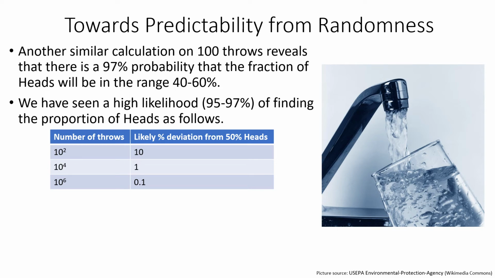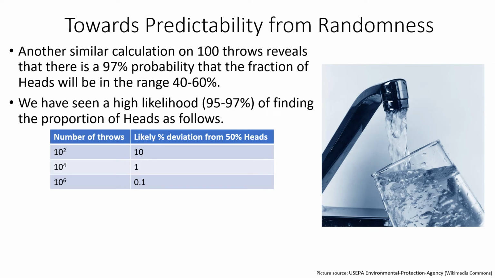And likewise the bottom row tells us that for 1,000,000 throws, 10 to the 6th, you're 95 to 97% likely to get half heads, half tails, within a tolerance of 0.1%. So you're 95 to 97% likely to get between 49.9% and 50.1% heads and tails.